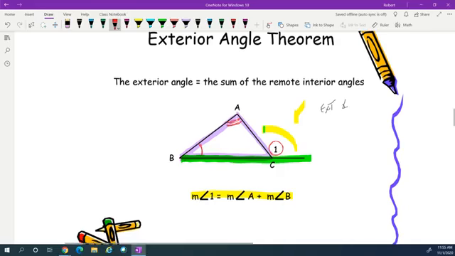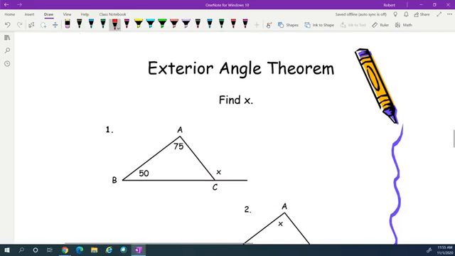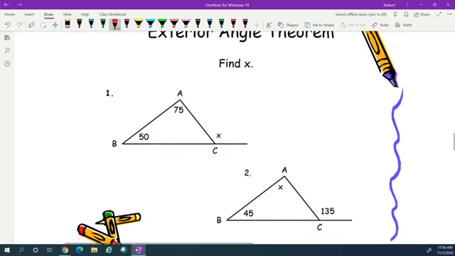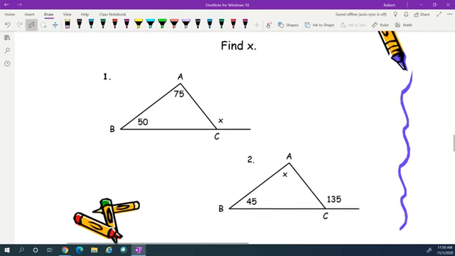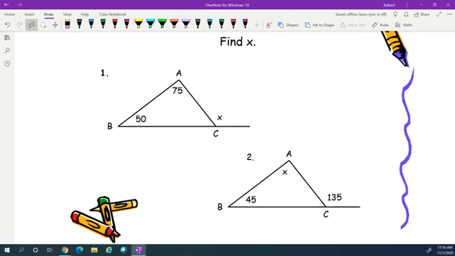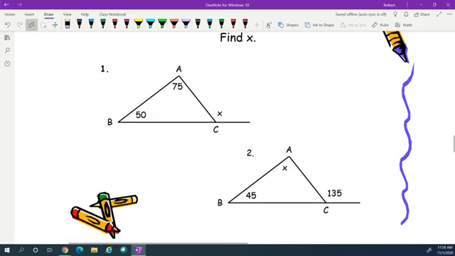So let's look at a few problems. Now, we'll use number 1 as a good example. I'll show you that there's two ways to do it. If I did not know this rule, then what I would do is I would find y first.